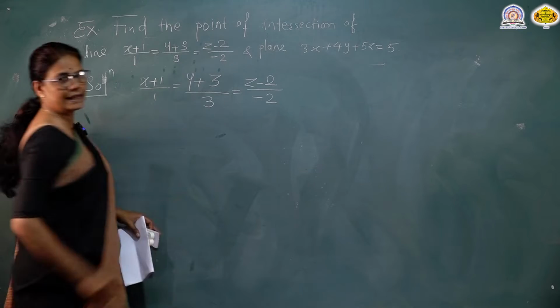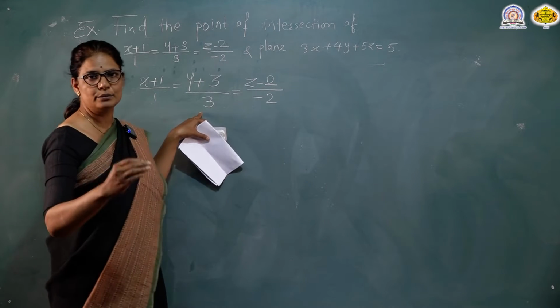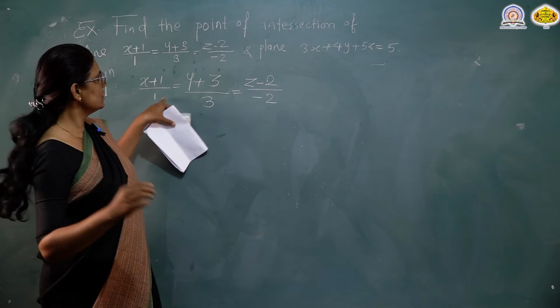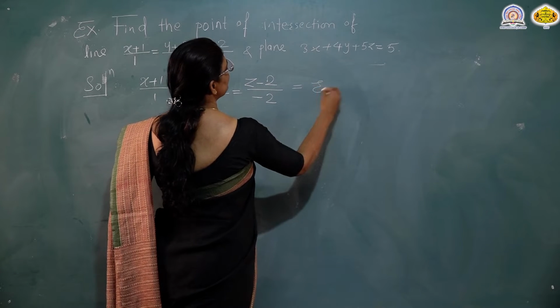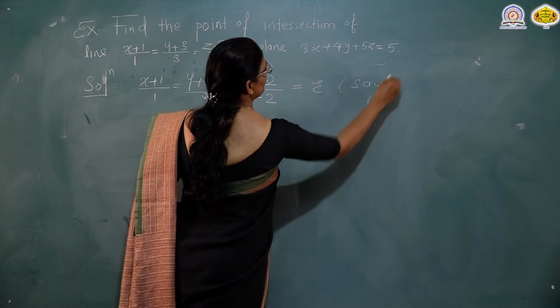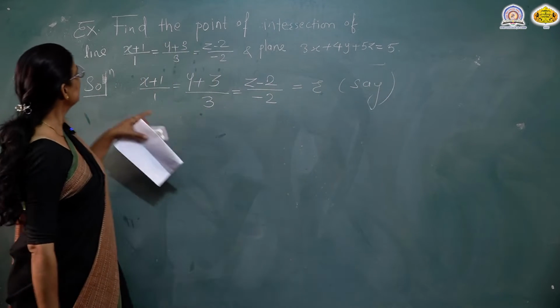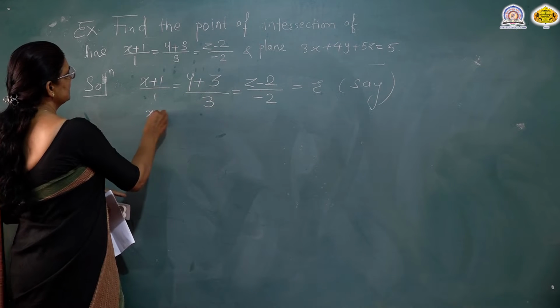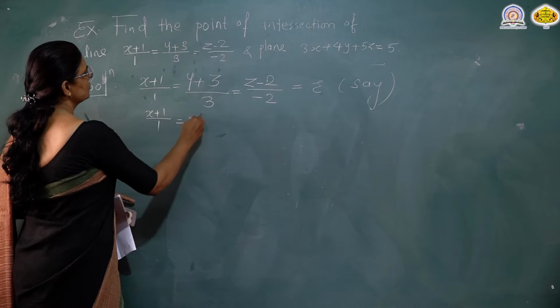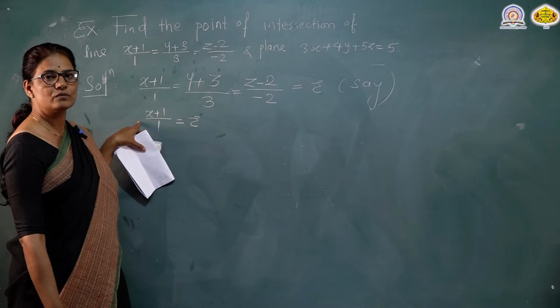So this is the given line. Since we want to find an arbitrary general point of the line, suppose this is equal to some constant, say we take it equal to r. Then we equate each ratio to r, that is, we consider (x+1)/1 = r. Solve this equation for x.